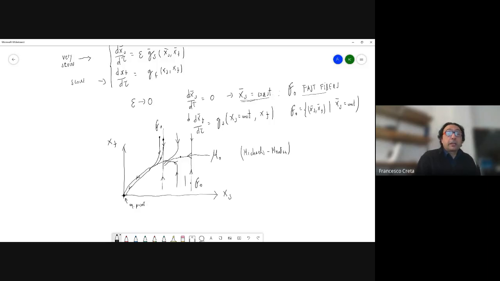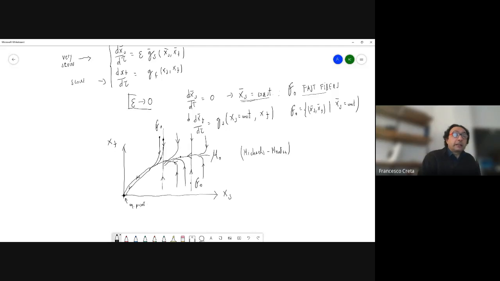So these are all trajectories that are being attracted to the slow manifold, okay? Like this. So by knowing the slow manifold and the fast fibers, we know a sort of a structure of the dynamics, which is universal. It extends on all the domain, okay? Which is very nice, okay? Now, this is an approximation in the sense that we've placed epsilon to 0, okay?